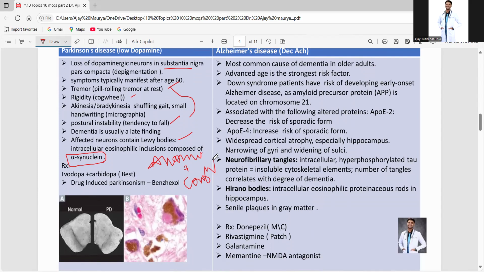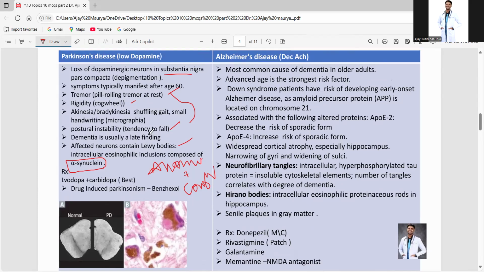So these are the early signs and symptoms of Parkinson's disease. By the Braak hypothesis, the early signs and symptoms are anosmia plus constipation. That's how they're going to ask in the examination.